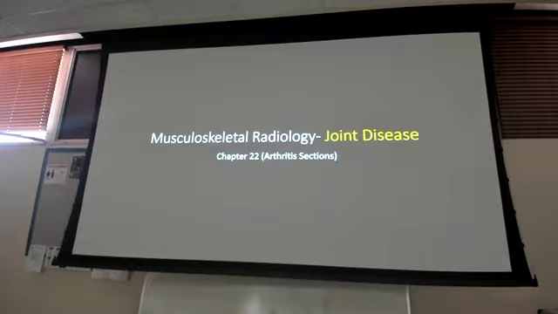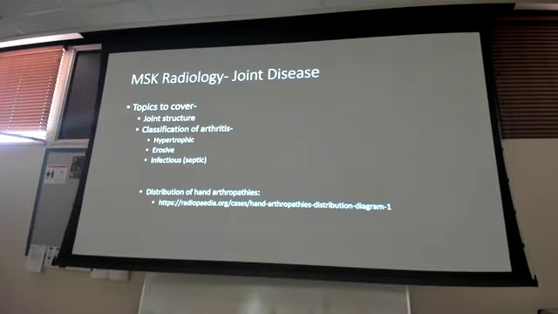Those are going to be context clues to help you sort through it, because a lot of arthritises can look very similar. We're going to talk about hypertrophic, erosive, and infectious. Hypertrophic, much like our densities, is growth of bony areas or radiopaqueness; erosive is decrease; and infectious is basically septic arthritis.